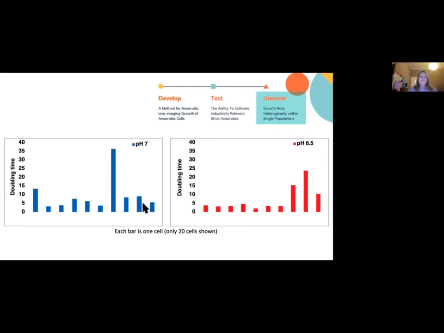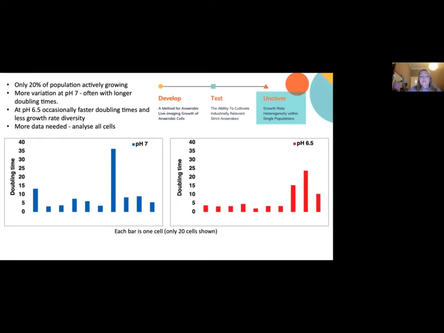So at pH 7, we have more variation in our growth rates. Whereas at pH 6.5, we seem to have more uniform doubling time of the cells, although more data or more cells are needed to really say for sure.